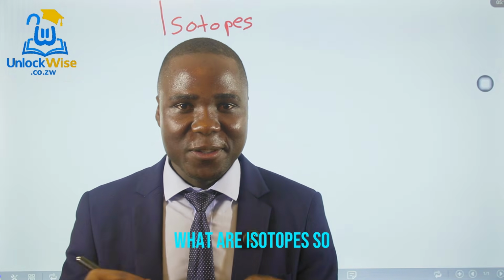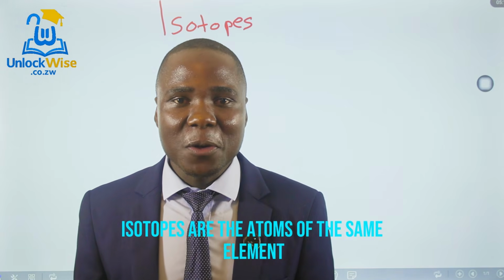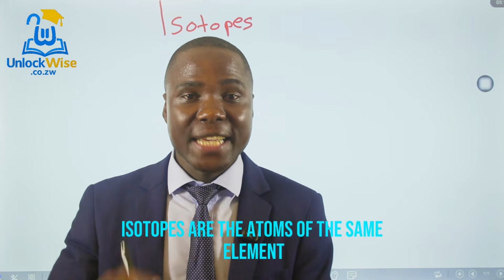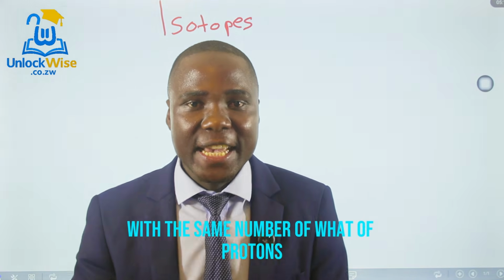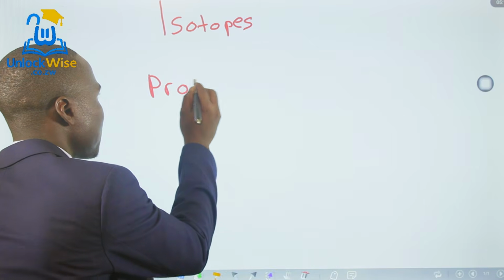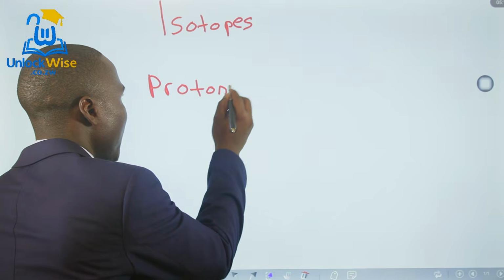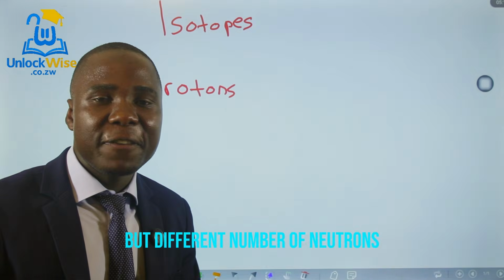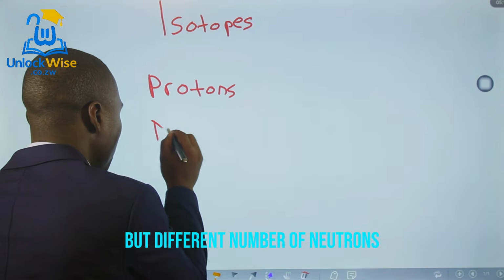What are isotopes? Isotopes are the atoms of the same element with the same number of protons, but different number of neutrons.